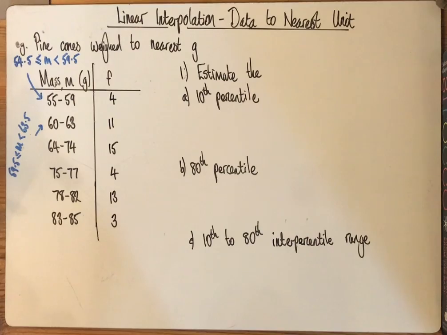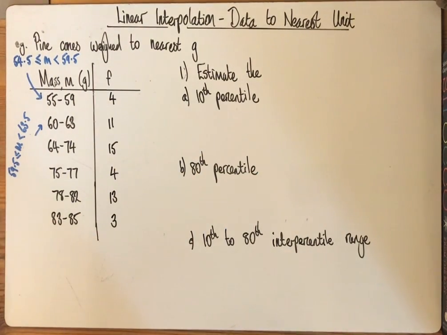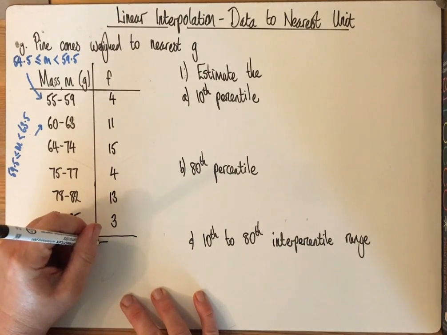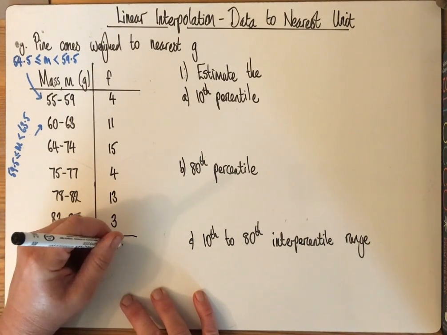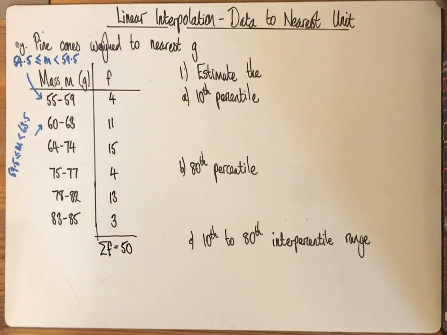And so estimating the 10th percentile, we need to find 10% of the total number of pine cones. And to find the total number of pine cones, you add the frequencies, which gives you 50.